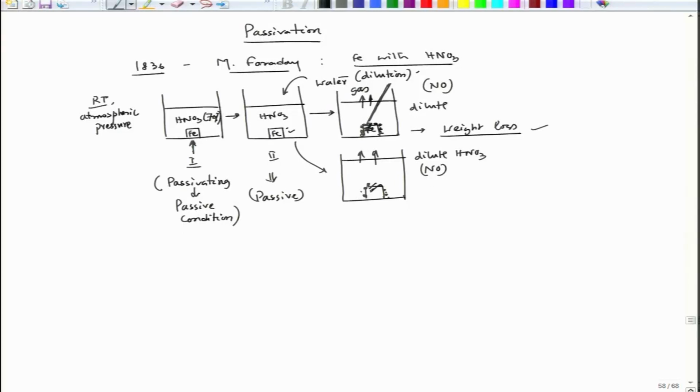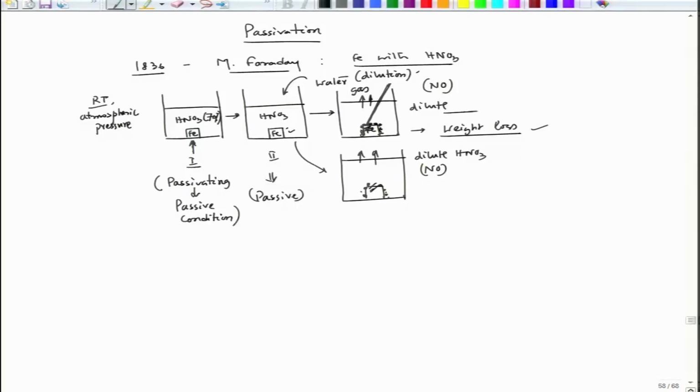But once you create a scratch, that scratch removes the surface layer, and that surface layer is what introduces passivity into that particular metal. Once it is exposed, the passivity is broken.